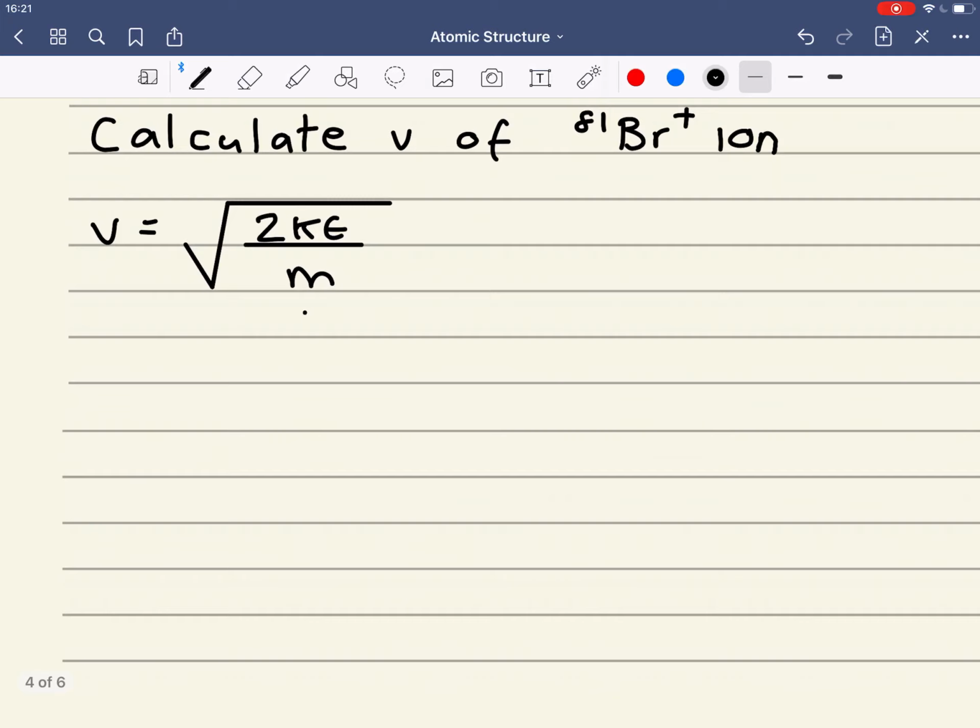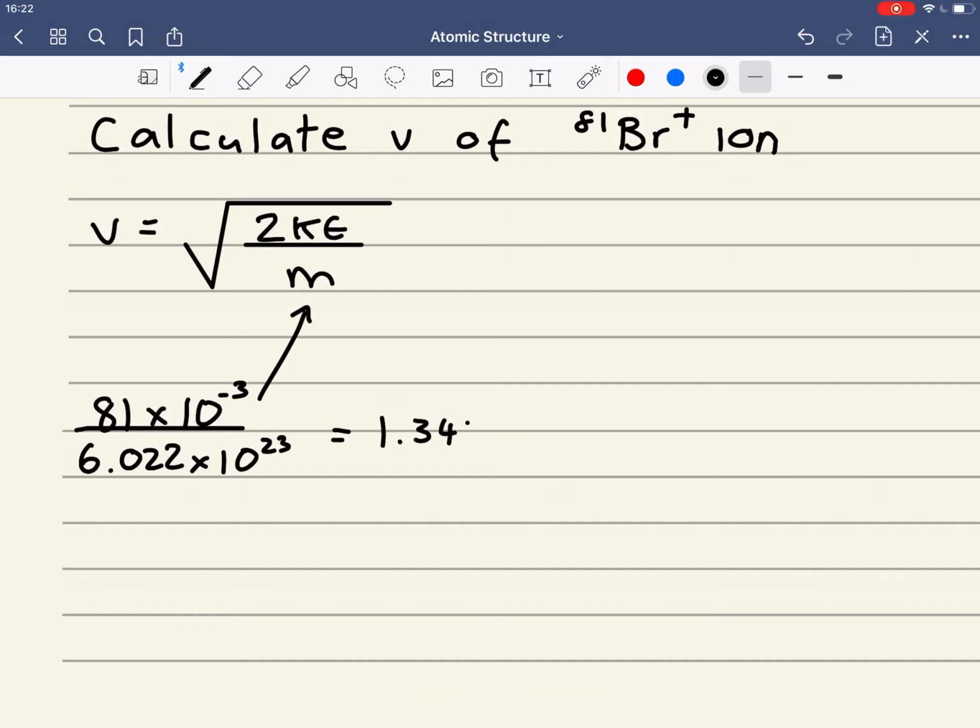This m, well, we can work that out in the same way we worked out the mass for the bromine-79 ion: 81 times 10 to minus 3 divided by Avogadro's constant. That gives me an answer of 1.345 times 10 to the minus 25 kilograms.